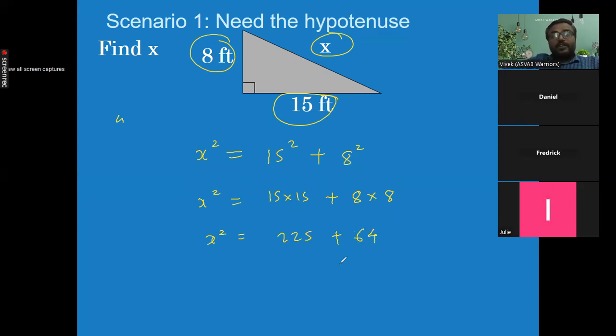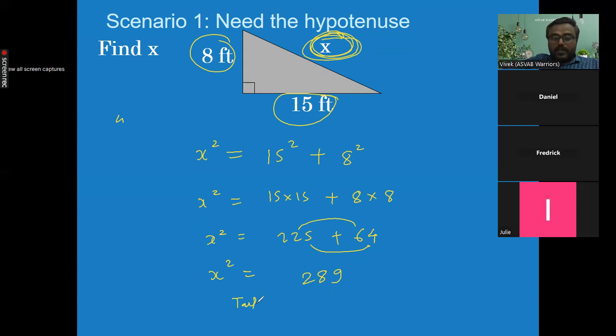So x squared equals 15 times 15, which is 225, plus 8 times 8, which is 64. So what do you get? 5 plus 4 is 9. 2 plus 6 is 8, and 2 remains as it is. So x squared is equal to 289. But we want to find the value of x, not x squared.